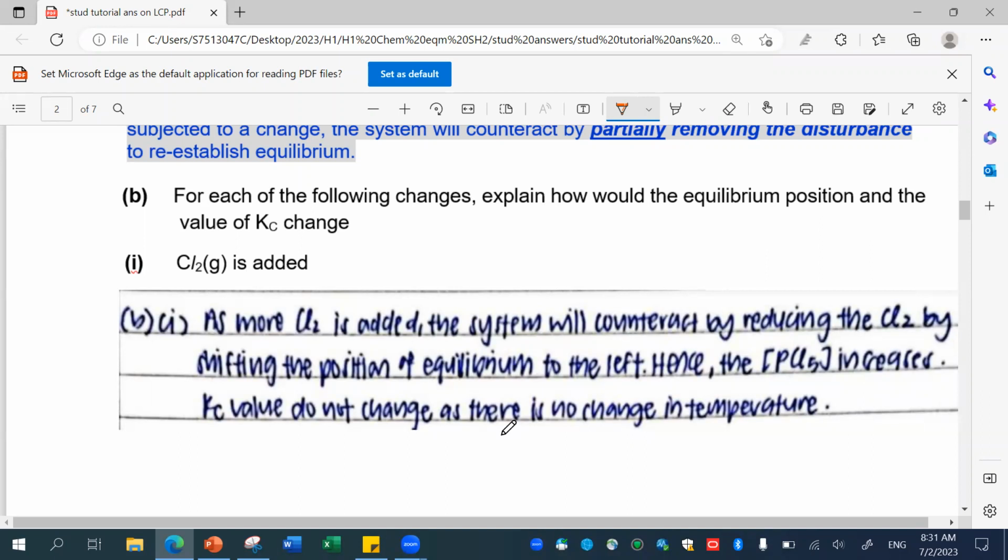Do you refer to 100% removal, complete removal, or partial removal? What you should emphasize is counteract by partially reducing, or reducing some of the chlorine added. You have to emphasize the partial part. It's partially offset.